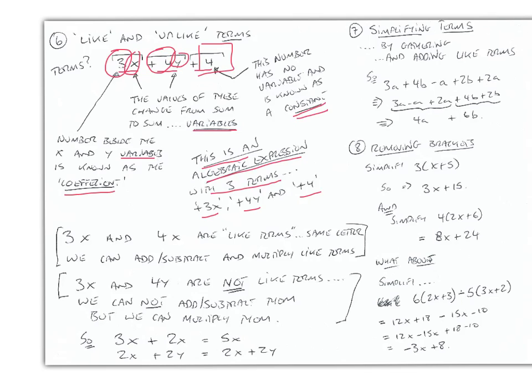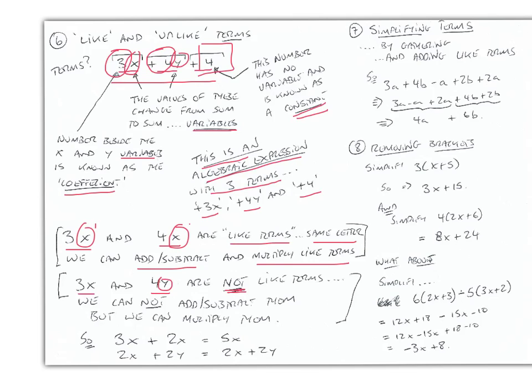Okay? And in algebra, we have algebraic expressions like this with terms, and sometimes we might have terms like 3x and 4x, which we would call like terms because they have the same letter, x, and that letter x is to the same power, in this case of 1. We can add and subtract, and we can multiply like terms. However, terms like 3x and 4y are not like terms, okay?